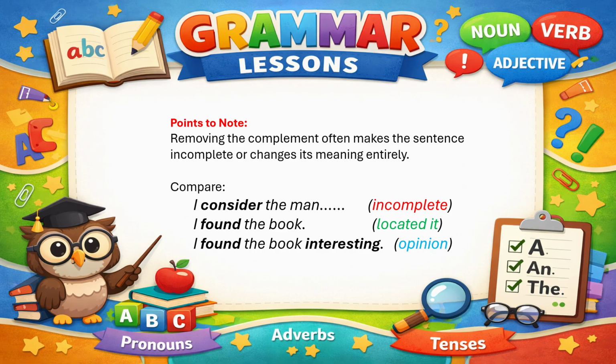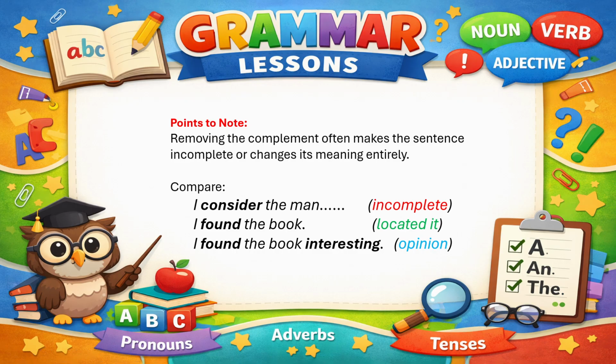I consider the man. In this sentence, I is the subject, consider is the verb, the man is the object. Apparently, the sentence seems to be complete, but it has incomplete sense because the verb consider needs a complement to define the word man. So this is incomplete.